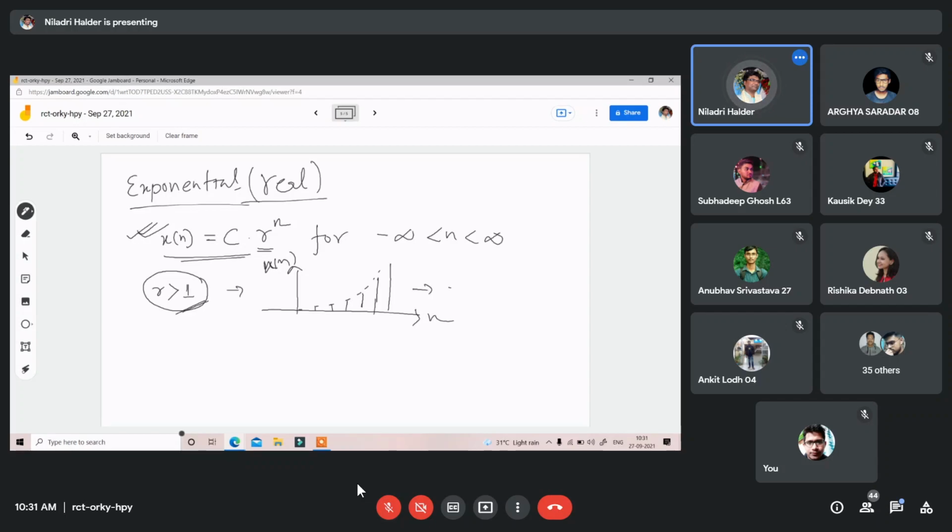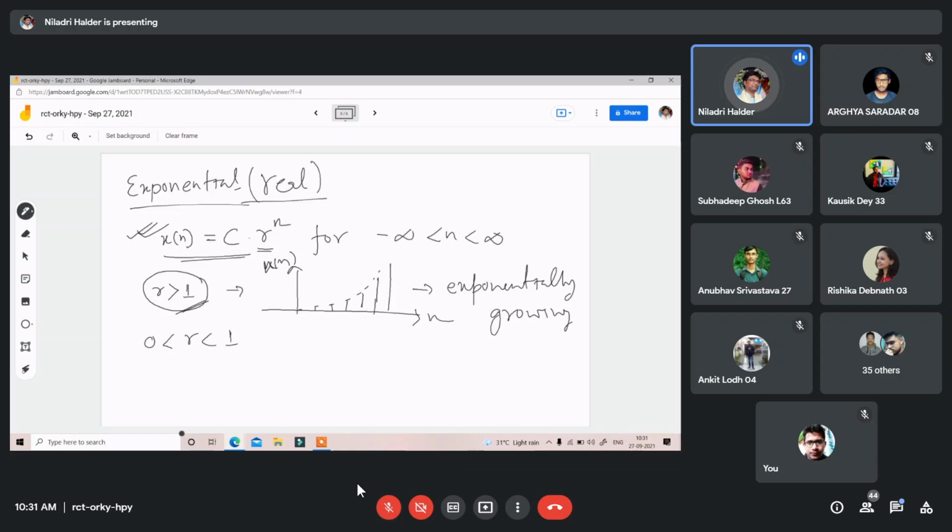that is called exponentially growing. In that equation, if we choose the value of r between 0 and 1, then you will get the opposite.